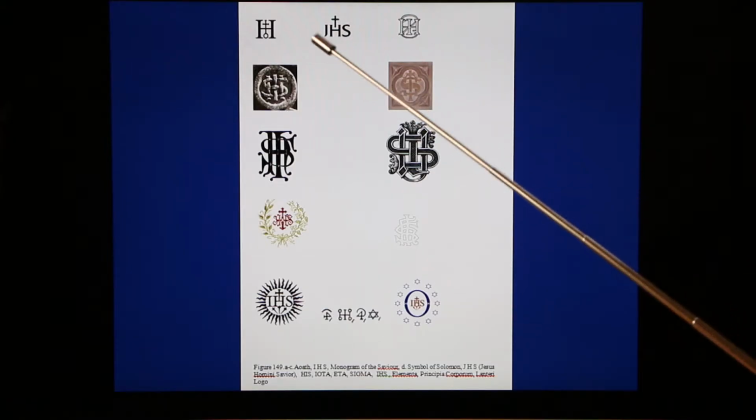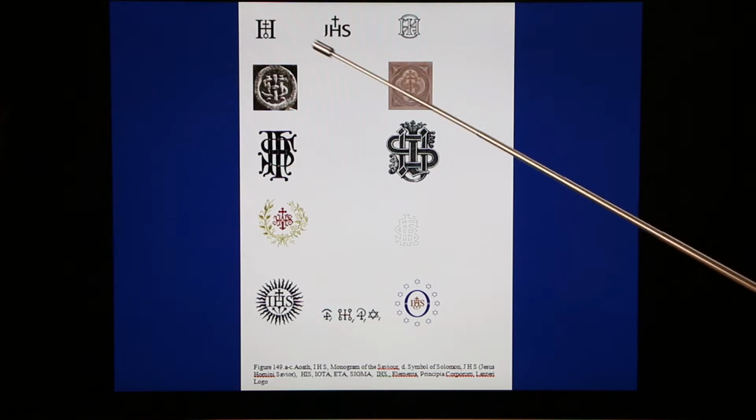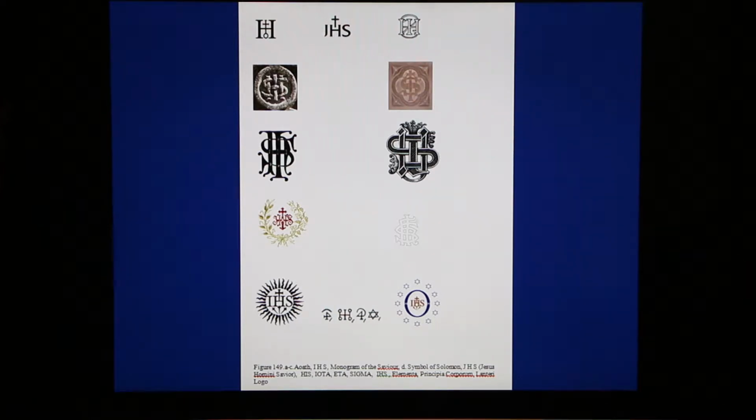Well, in the Christian tradition, we have three key letters, I, H, and S. The easy version is this is in hoc signo, in this sign, using the Latin, but it's also the short form for the name Jesus.